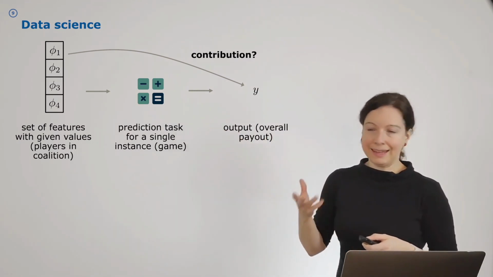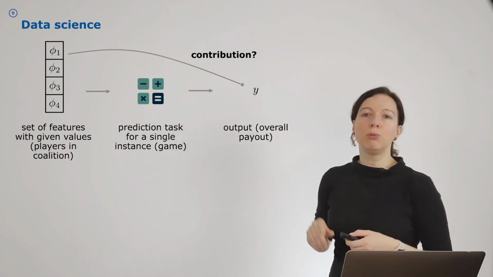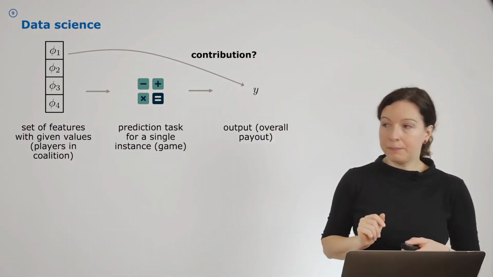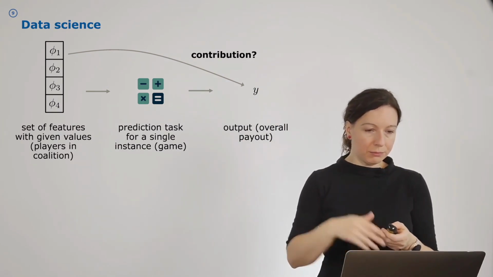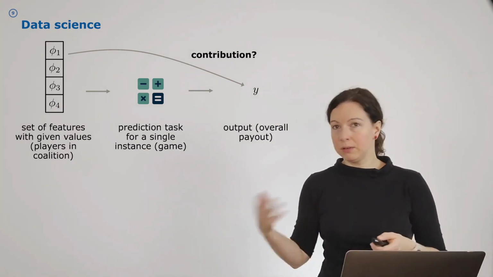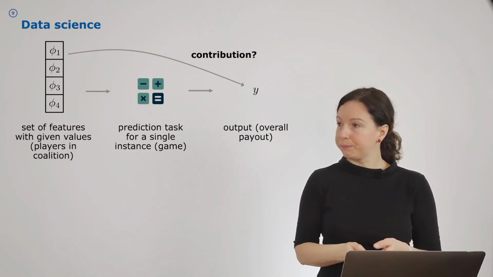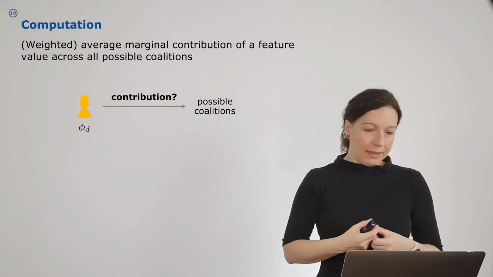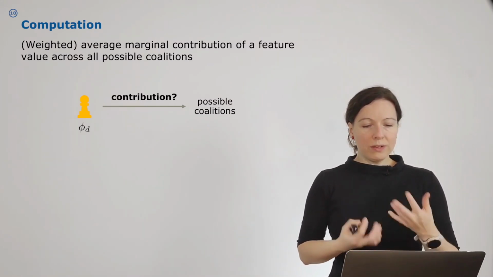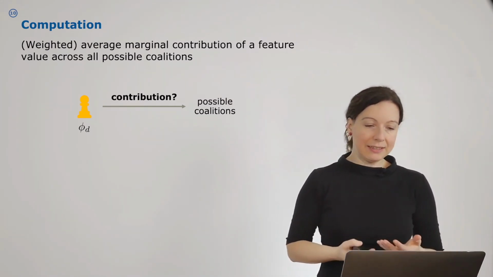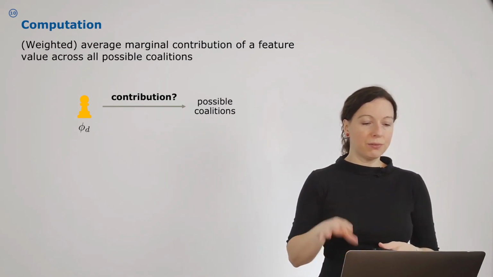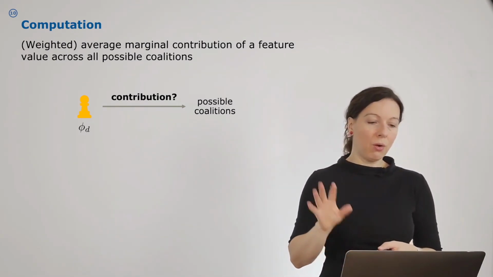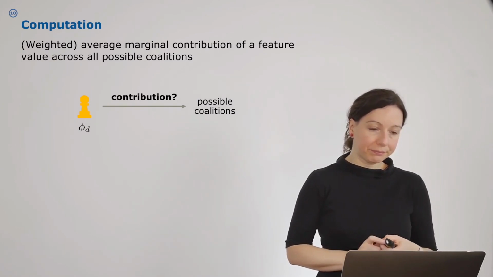And the question again is now, what is the contribution of each single feature to the overall payout? That means to the output. Okay, so the Shapley value is actually the weighted average marginal contribution of a feature value across all possible coalitions.